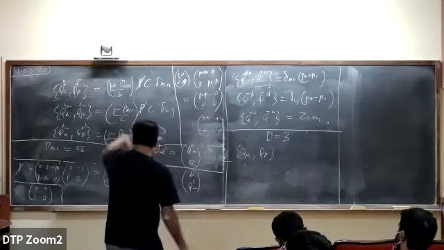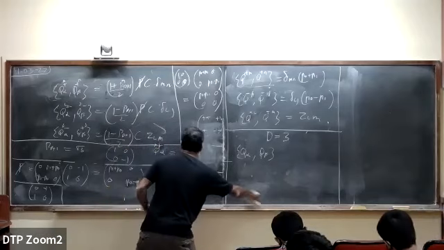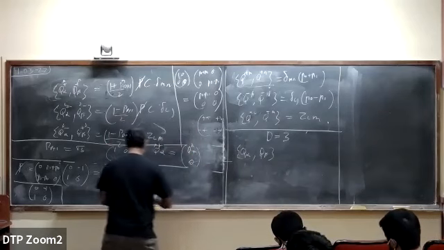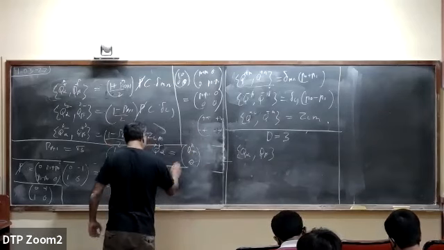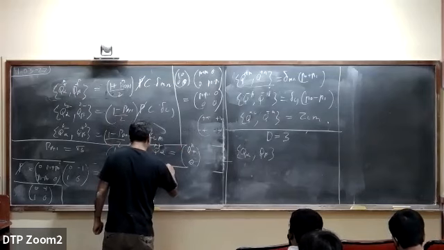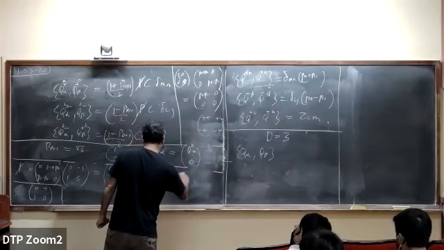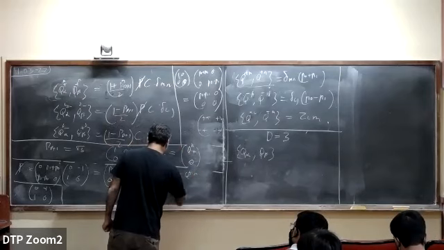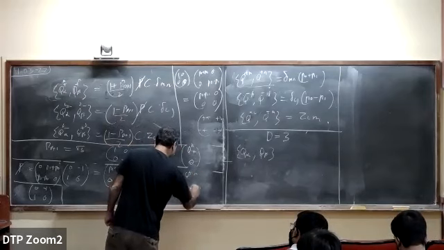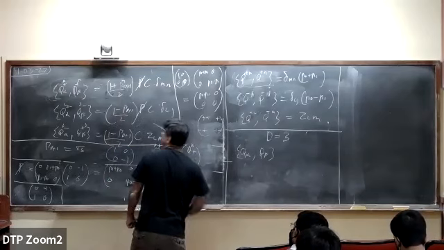So all of this is true, plus we have the hermiticity conditions, and this is of course very important. Q plus M and Q minus I dagger is equal to Q minus I.